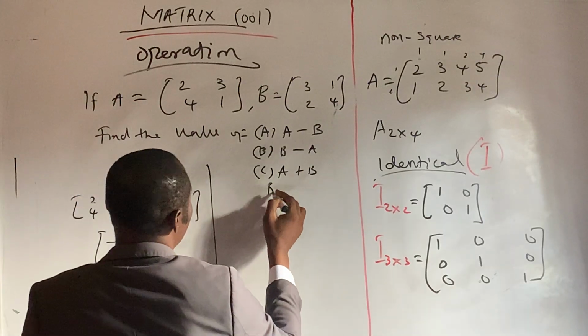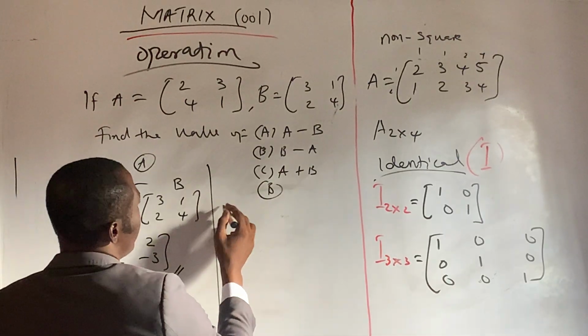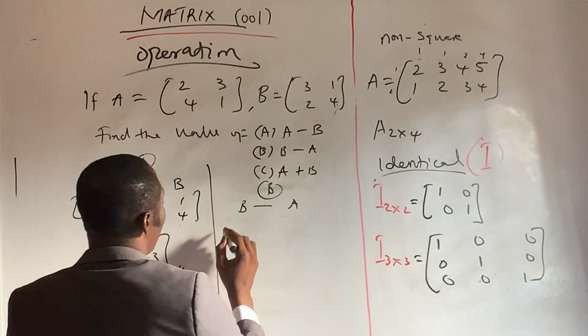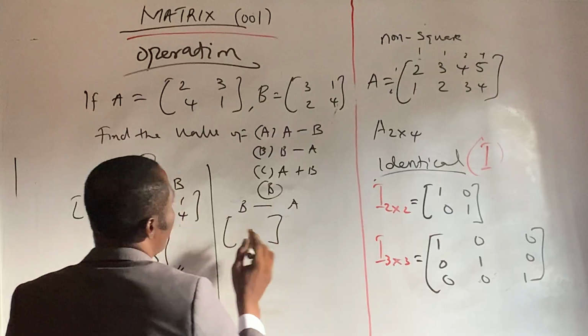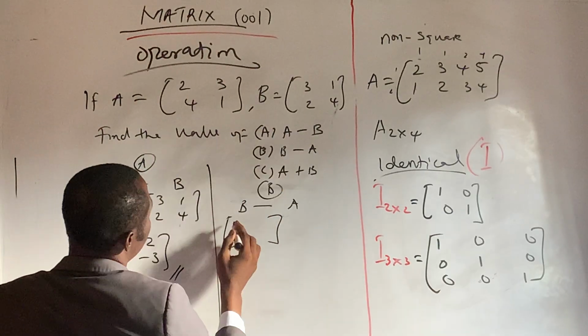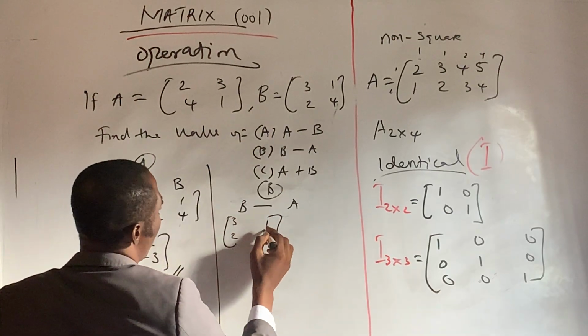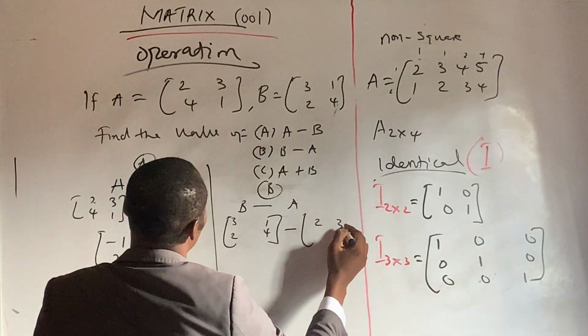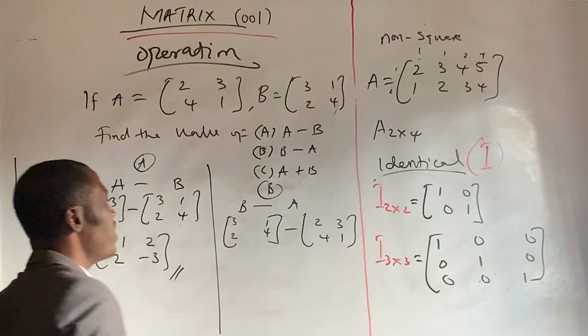Now for part B, I need to do B minus A. I know that matrix B is 3, 2, 1, 4, and matrix A is 2, 3, 4, 1. It's very easy.